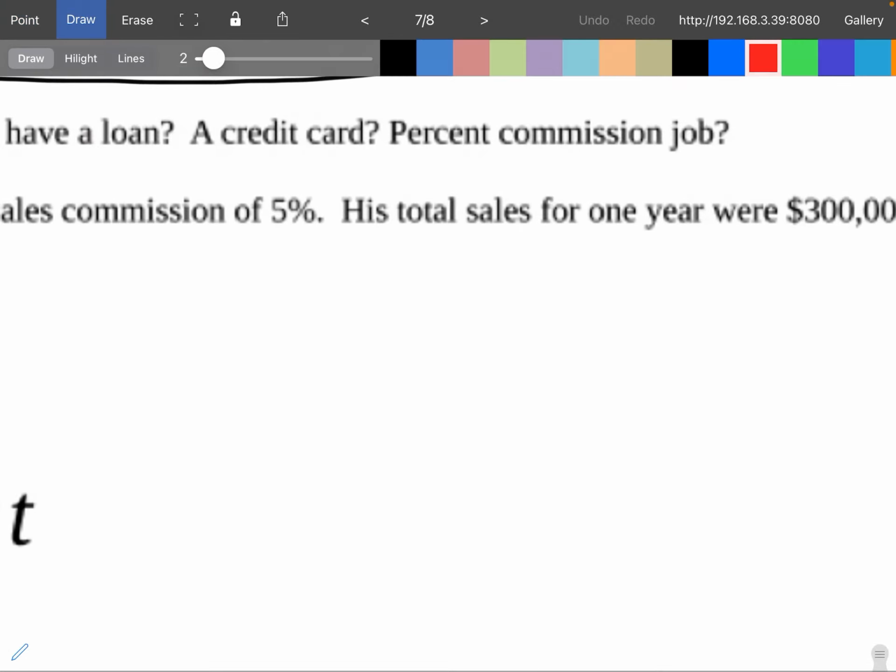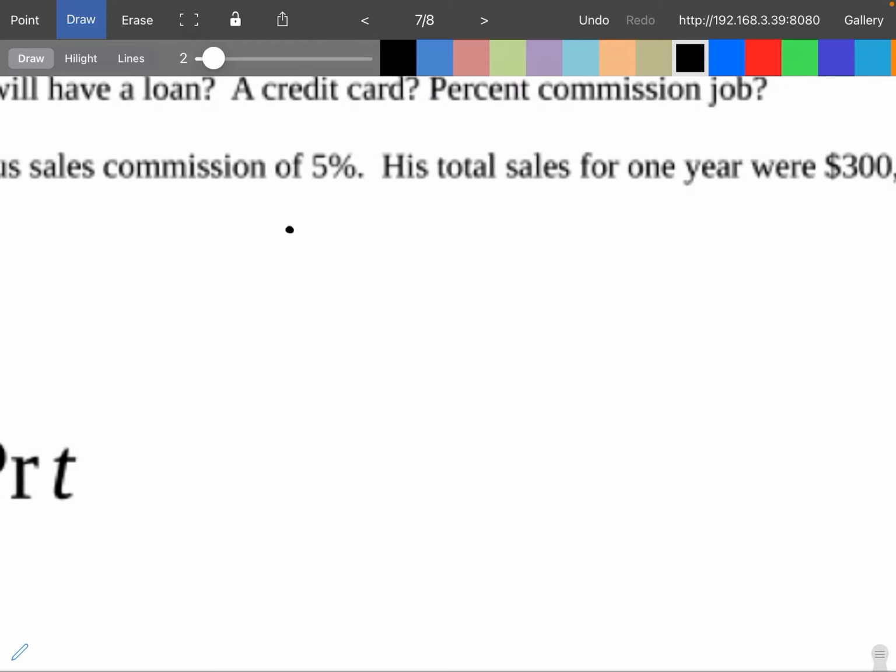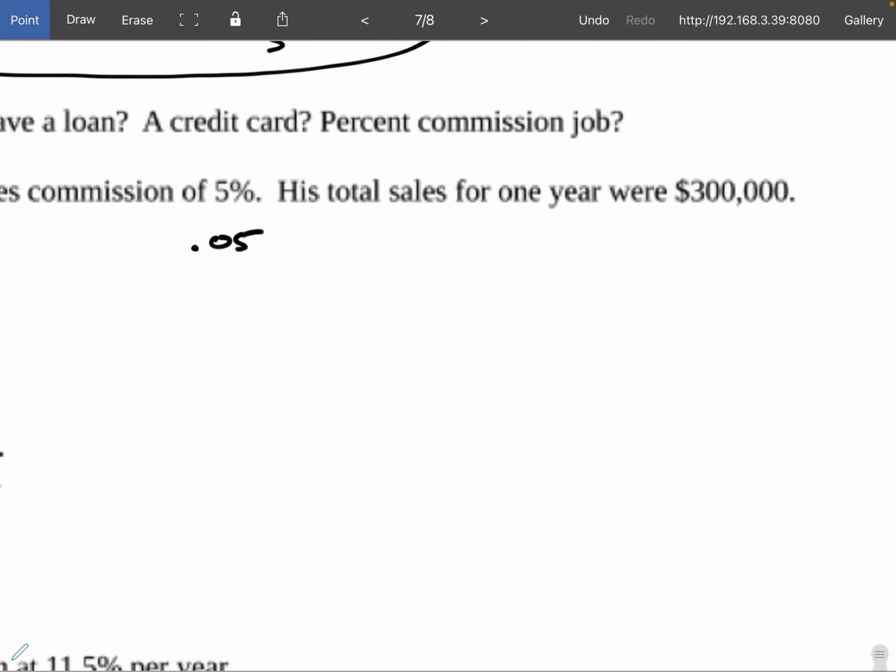Yeah, 0.05. Right now, that decimal point is actually right here. Let me zoom in on this for you guys. You want to move it 2 places to the left. That'll change it from a percent back to a decimal. So 5% as a decimal is 0.05.